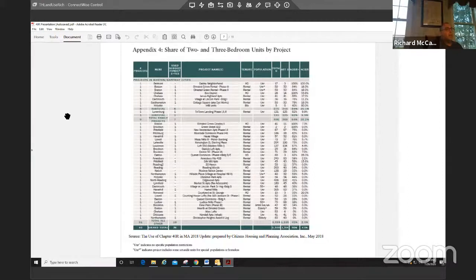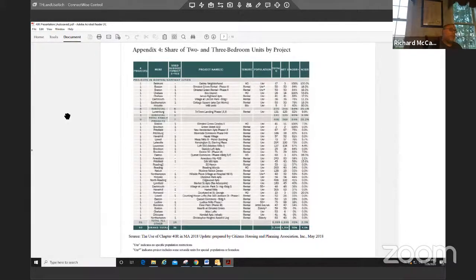The next slide is in the updated report that people will be able to take a look through. The reason I put this slide in here is to distinguish between 40R and 40B. So unlike 40B, there isn't a mandatory requirement for 3-bedroom units.